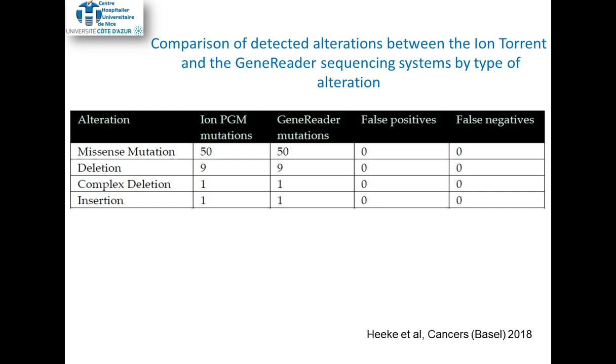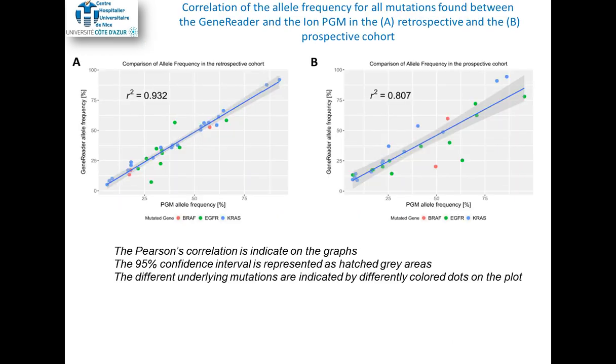As shown here, both sequencing systems used in this study demonstrated perfect concordance for the overlapping genes, with no false positive and no false negative results for missense mutation, deletion, complex deletion, and insertion.